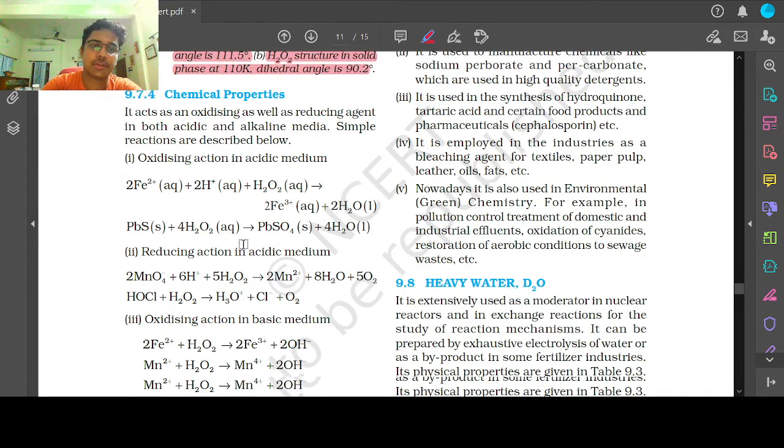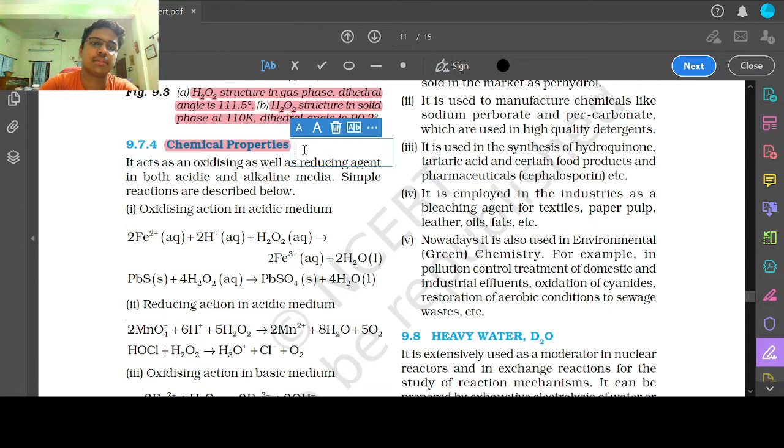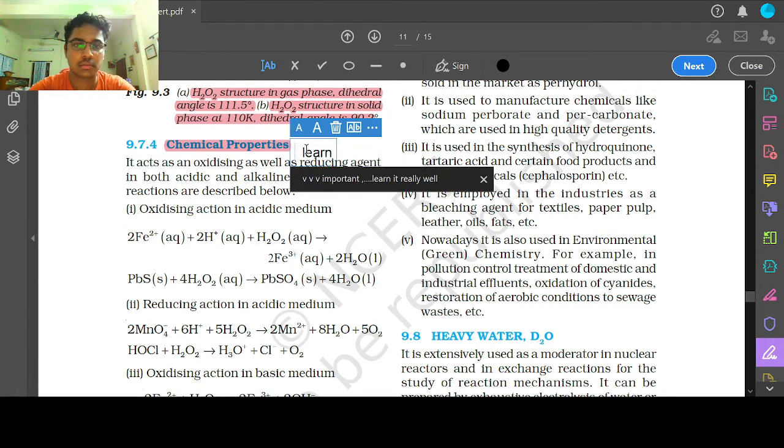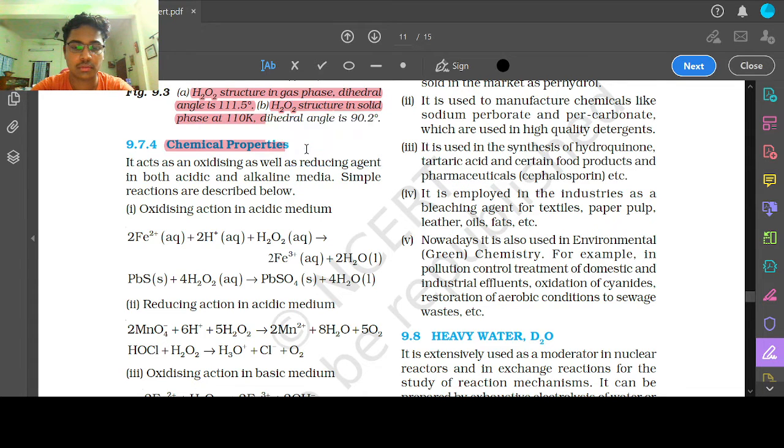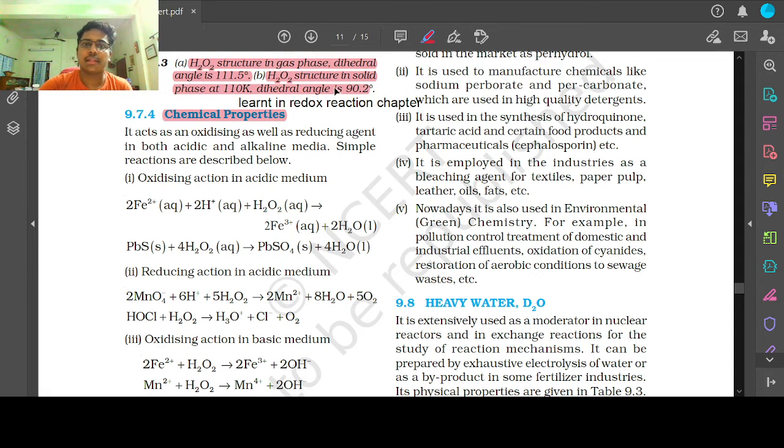Now comes the chemical properties. You have already learned these in the redox reaction chapter, and you are also going to learn the uses and chemical properties of H2O2 in the D and F block chapter.